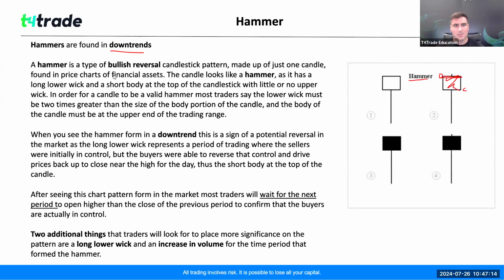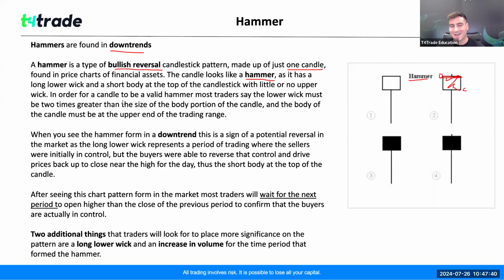So a hammer is a type of a bullish reversal candlestick pattern made up of just one candle. Okay, much like the dragonfly doji if it's found on the bottom. Okay, same thing with hammer. So the candle looks like a hammer, as it has a long lower wick and a short body at the top of the candlestick with little or no upper wick.